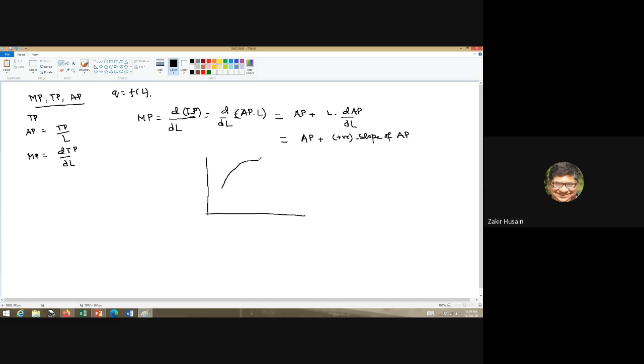Now average product curves are said to be like this.